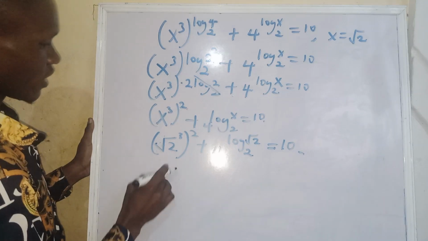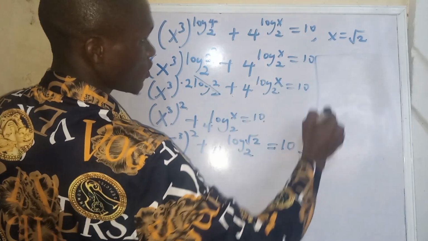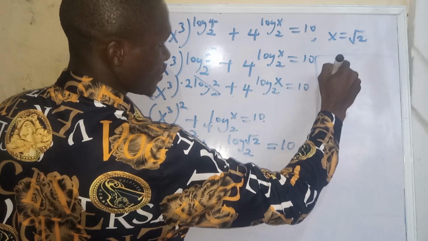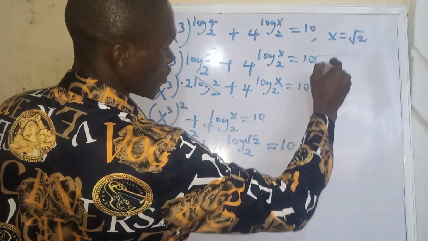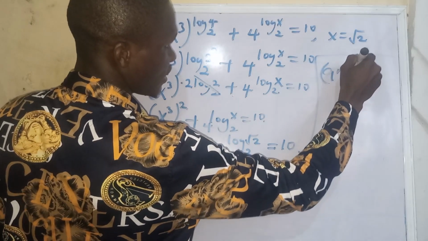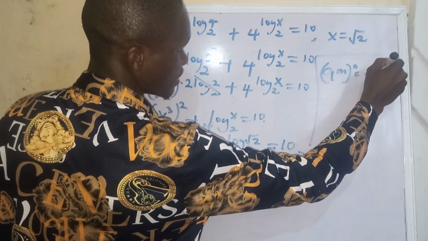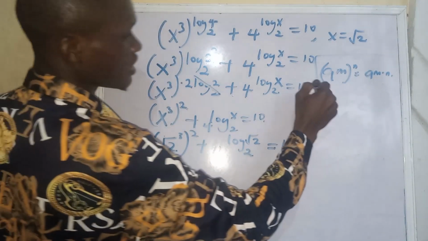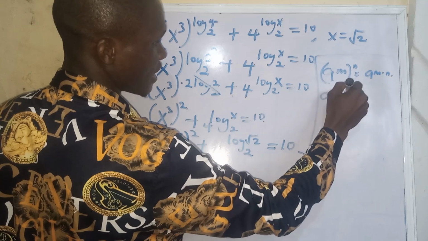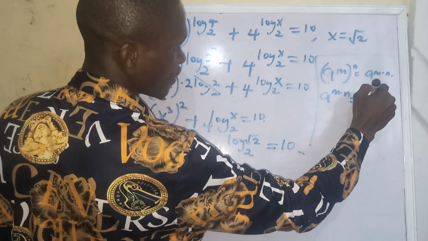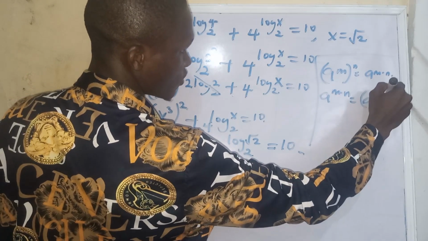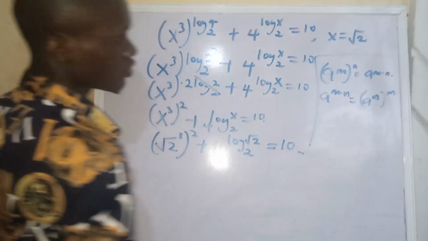Right? Okay, recall I said if I'm having a to the power of m or to the power of n is also equals to a to the power of m times n. And I also said a to the power of m times n is also equals to a to the power of n or to the power of m.